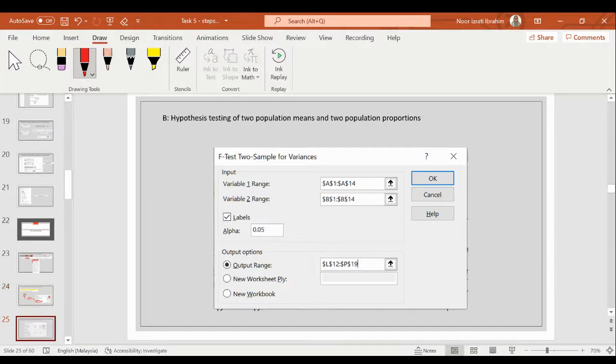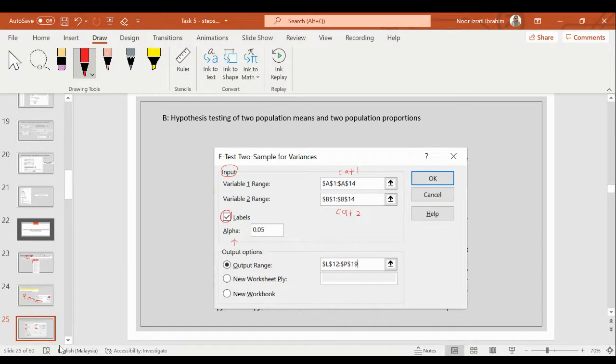A command box will appear. For input, variable 1 will be the data of category 1. Variable 2 will be the data for category 2. You can select the whole data, including the title or the label, and you tick on the label here.